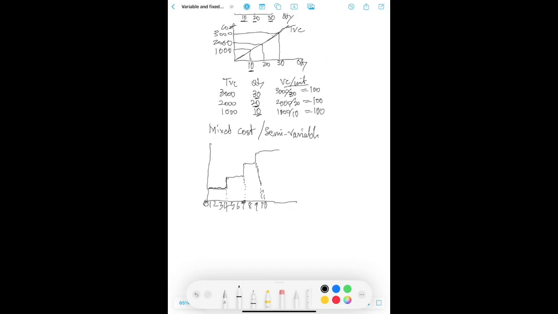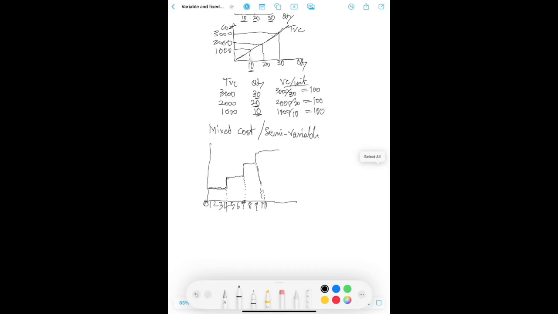It is likened to a mixed cost, or semi-variable cost. But we are saying generally that a semi-variable cost is a cost that has both an element of fixed and variability in it. So in most cases, the examiner will need you to separate this cost into variable and fixed.